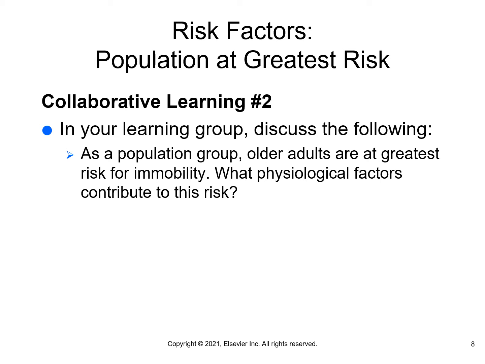Does it come with age? Is age contributing to the pathophysiology, or is it something that is superimposed on the fact that a person is older? So make sure you come to class ready to discuss this.